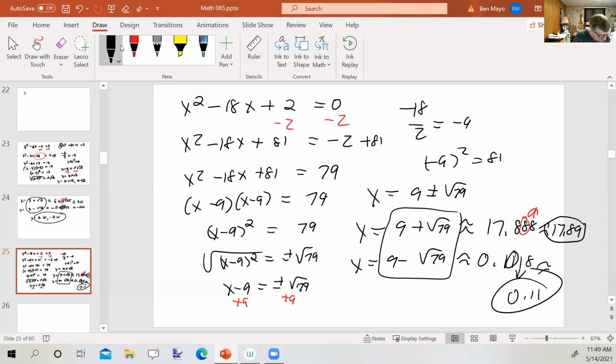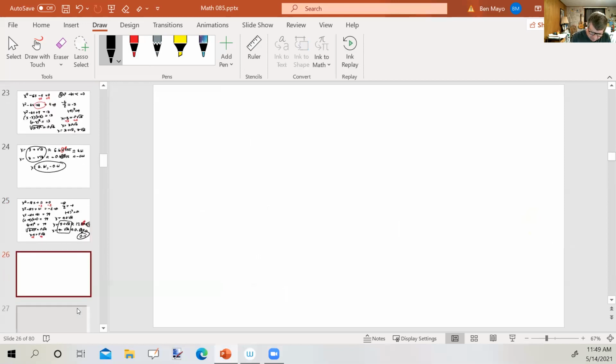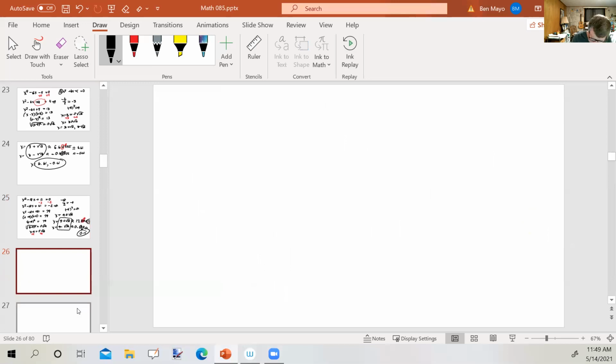Okay. Now, let's take a look at what happens when the leading coefficient, the coefficient of the variable squared term, is not a 1. So let's say we've got the following: 2x squared minus 5x plus 2 equals 0.